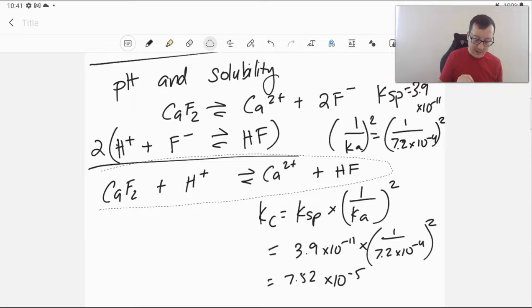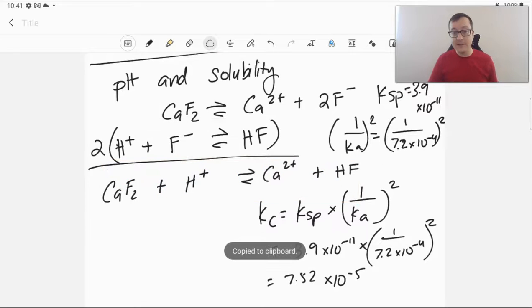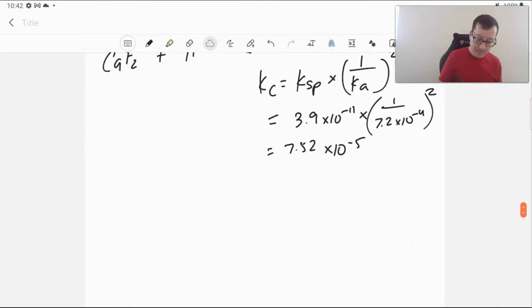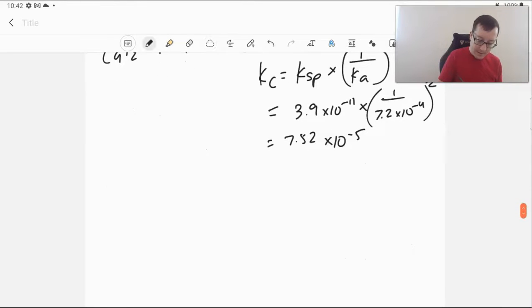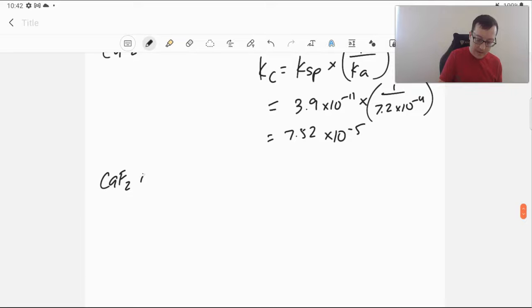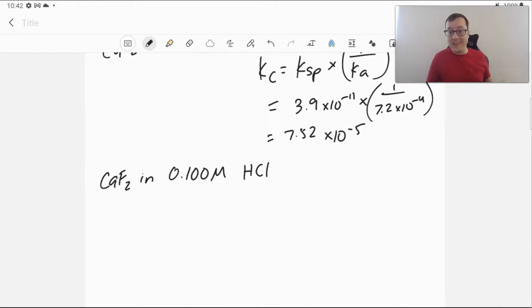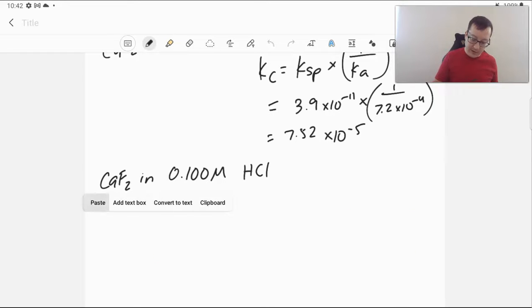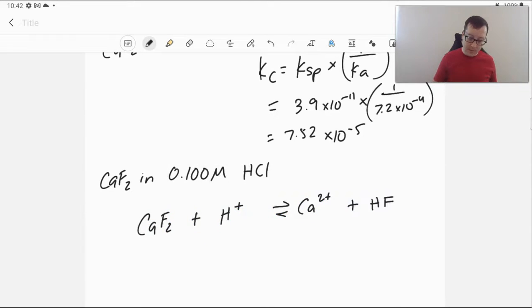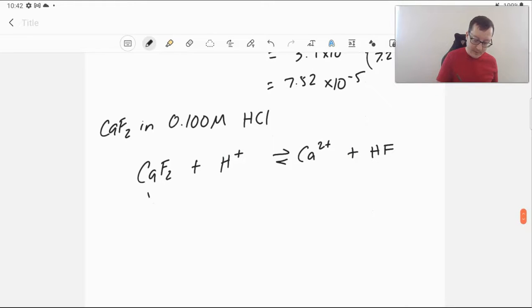And so let's say we're going to add some HCl. Let's say we take our calcium fluoride and dissolve it in, I don't know, let's say 0.1 molar HCl. All right, so again, we have our concentration of acid. The chloride isn't going to do anything, so we don't have to worry about that. This is solid.